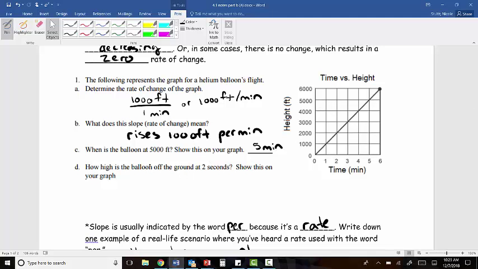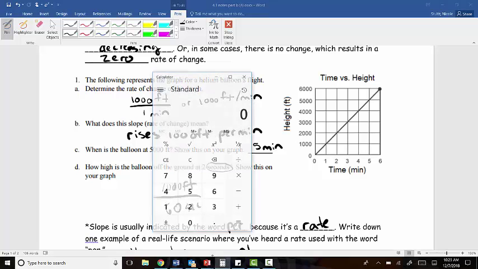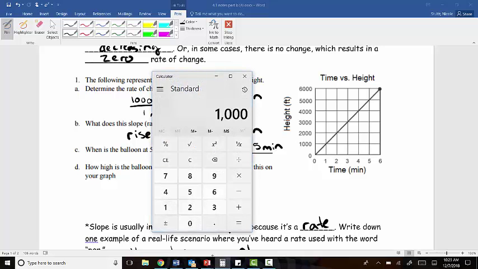And then it says, how high is the balloon off the ground at 2 seconds? So you want to be careful because the time is in minutes, not seconds. So the way I would do this is I would change my rate of change to 1,000 feet every 60 seconds, since that's the same as a minute. And then I'm actually going to divide that out. 1,000 divided by 60.